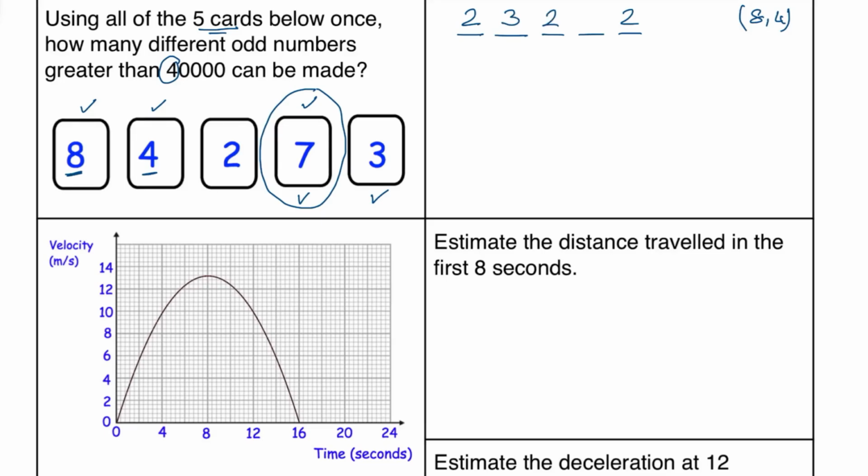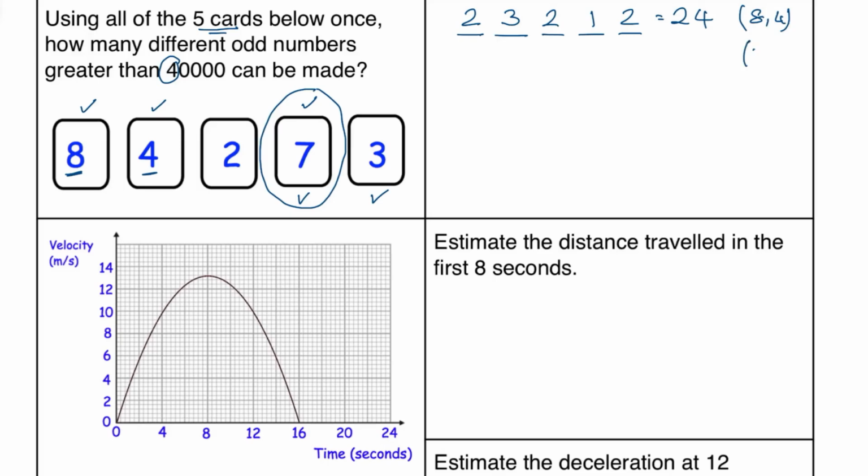There's 2 numbers to choose from here and just 1 number left over here. So in other words, if my starting number is an 8 or a 4 and I want it to be odd, which means my ending number is a 7 or a 3, there's 2 times 3 times 2 times 1 times 2, which is 4 times 3, which is 12 times 2, which is 24. There's 24 ways of doing that.